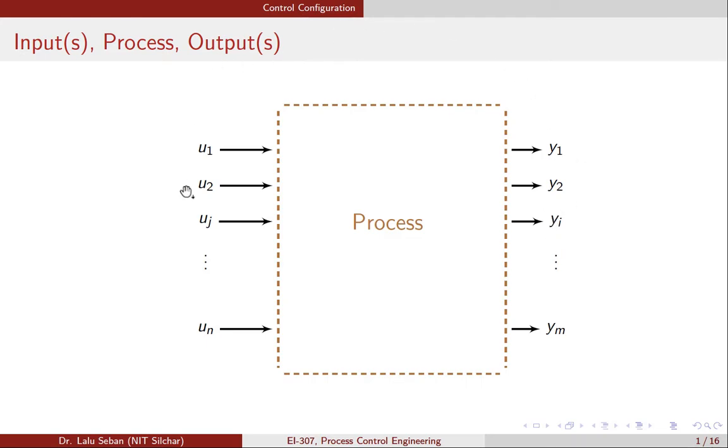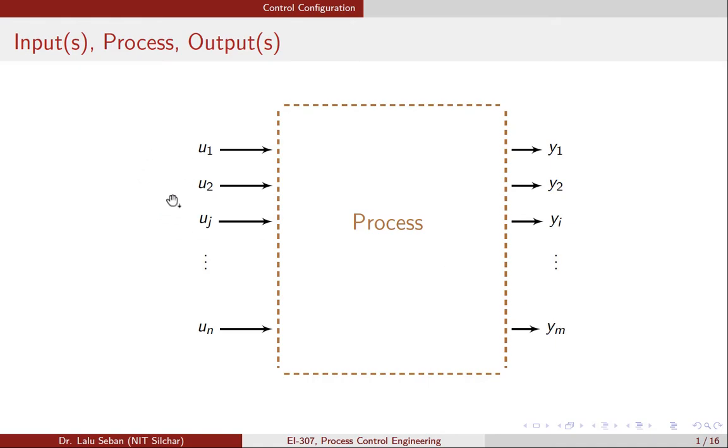Among the inputs, depending upon some qualities, we will select some to control the controlled variables, such that by manipulating the selected input variables, which we call manipulated variables, we can control the controlled variables. Definitely, in most cases the other non-controlled output variables may also get affected by changing the manipulated variables.